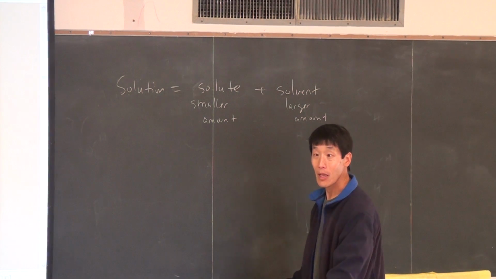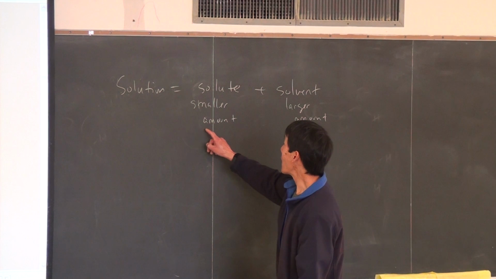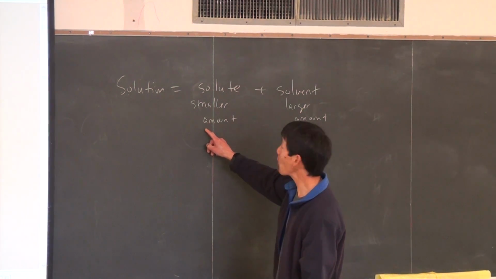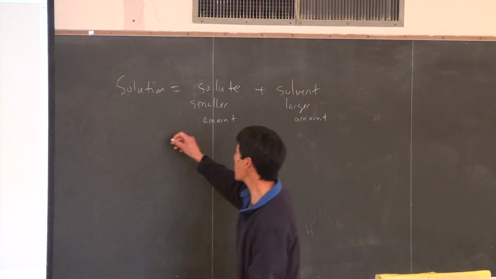John? The maximum amount of solute that is dissolved. So like John says, a saturated solution is when you have the maximum amount of solute which dissolves in that solvent. Okay, so that's what saturated means.